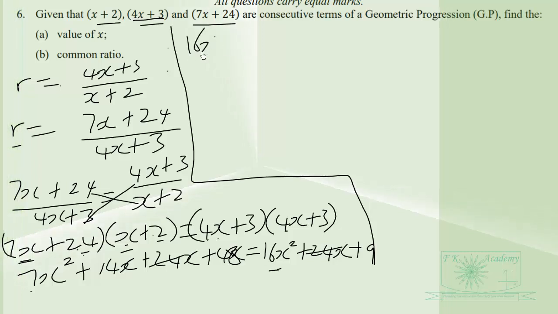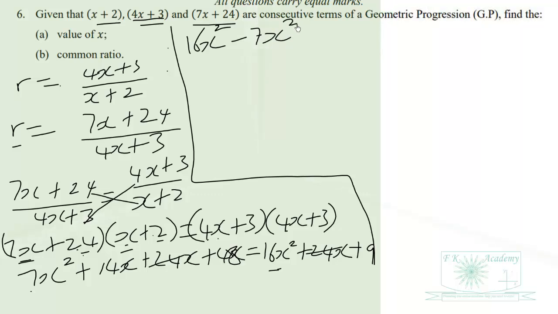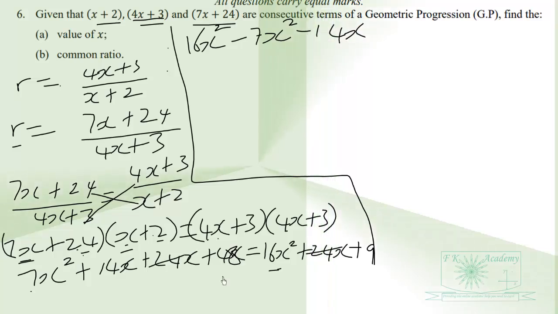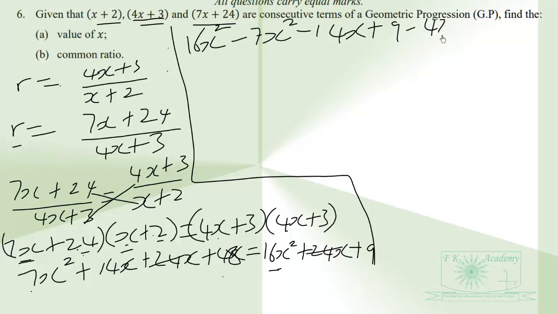So 16x squared minus 7x squared. Then we have 14x here, so minus 14x. Then we have 48 here. So minus 48 plus 9, or plus 9 minus 48 is equal to 0.